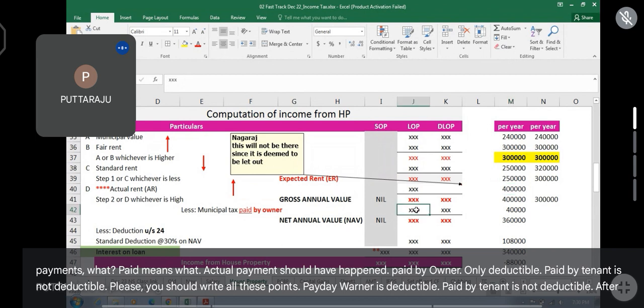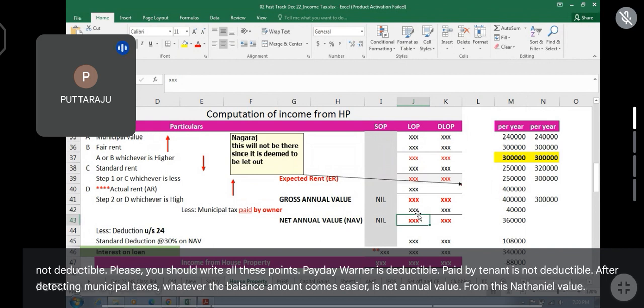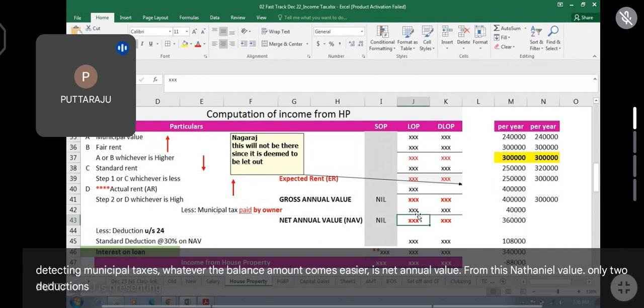After deducting municipal taxes, whatever the balance amount comes is net annual value. From this net annual value, only two deductions are available. First deduction, standard deduction at flat 30% on this value. Flat 30%.